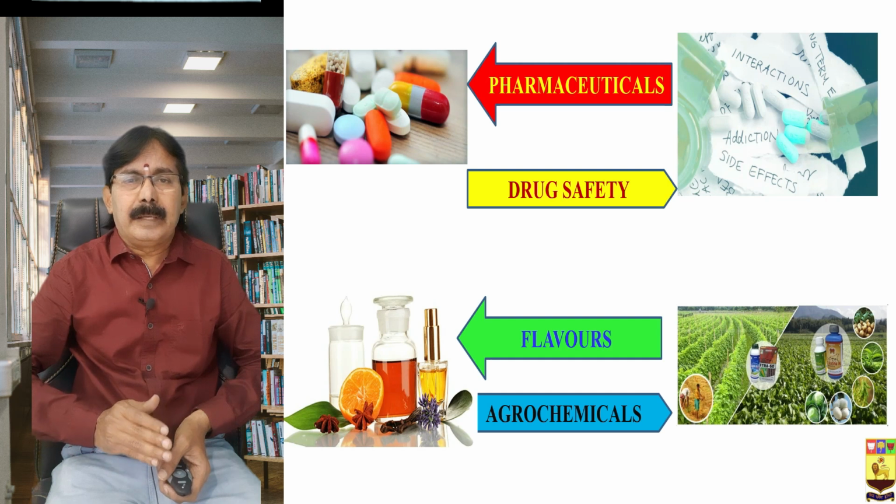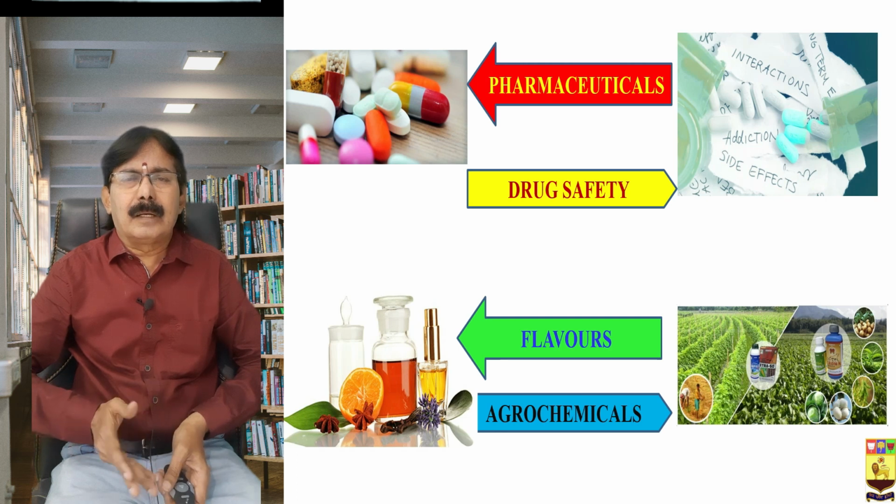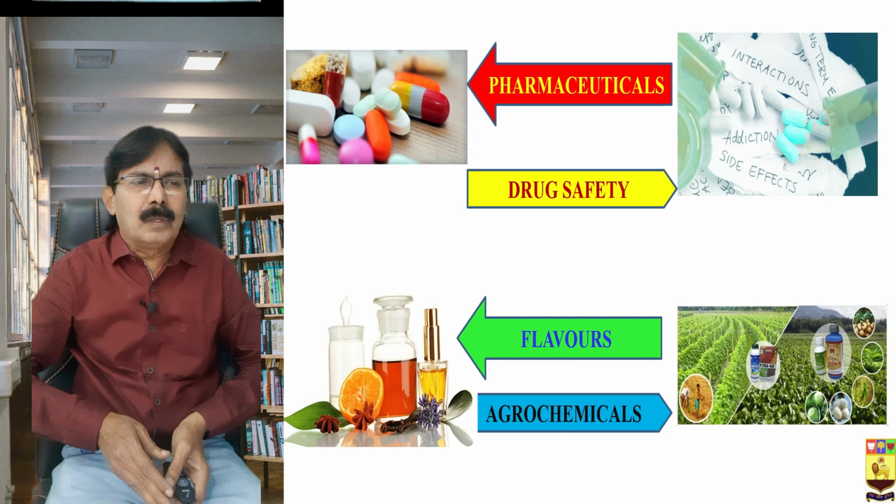It is as important as using hydrogen as a fuel in a normal vehicle. So let us see the applications. There are a lot of applications, but we will constrain ourselves to 4 applications.